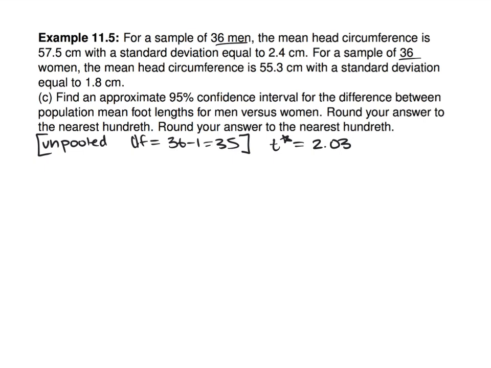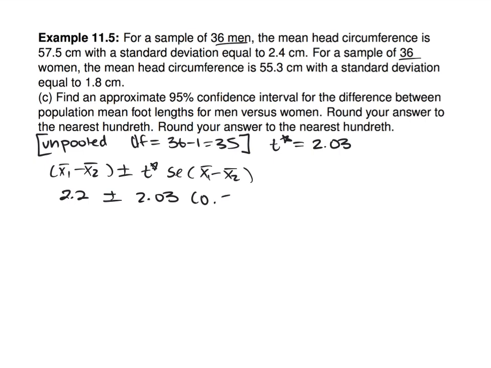Our confidence interval is x1 bar minus x2 bar, that's your statistic, plus or minus your t star multiplier times the standard error of your statistic. Notice how that has a very similar structure to other stuff you've seen. We found that x1 bar minus x2 bar is 2.2, plus or minus 2.03 times 0.5.